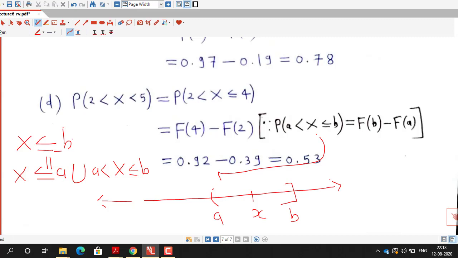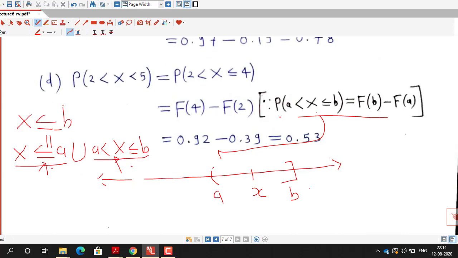Capital X less than or equal to b is the union of these two events, x less than or equal to a and a less than x less than or equal to b. So the probability of this event is nothing but the addition of the probabilities of these two events because both are disjoint events, and then you can write this formula. So you don't have to remember the things, try to understand in this way.